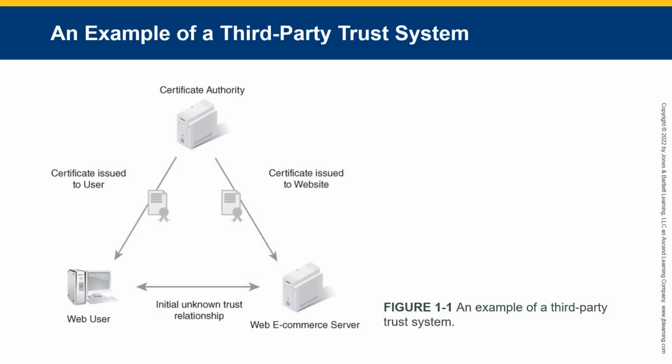So an example of a third-party trust system is digital certificates. How many of you have ever visited a website and seen that it starts with HTTPS? That HTTPS usually indicates that a Transport Layer Security, or TLS, connection is established.